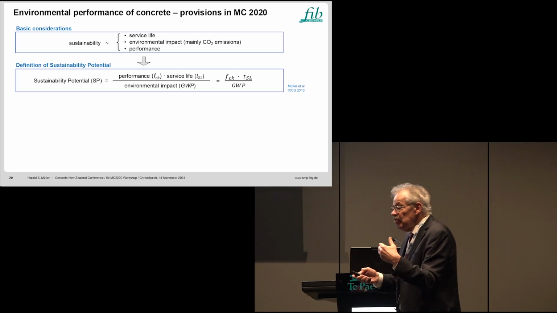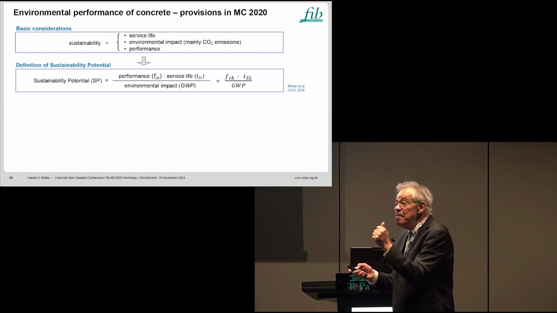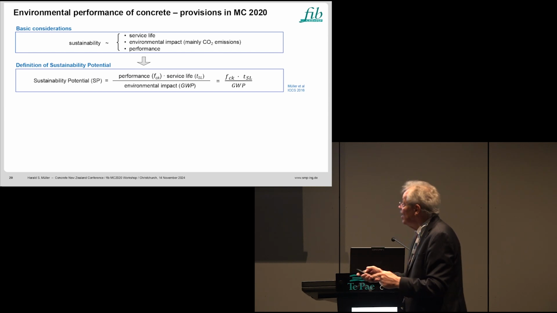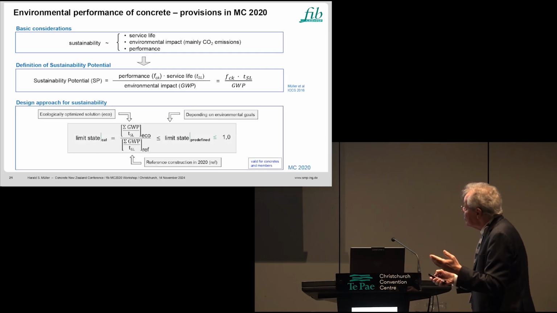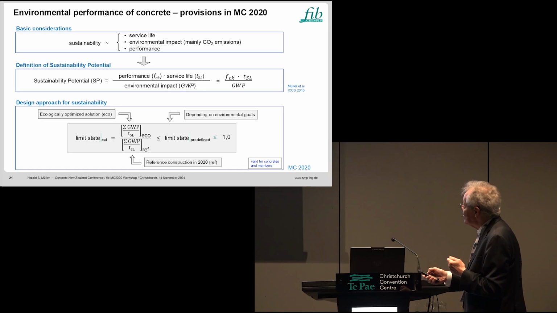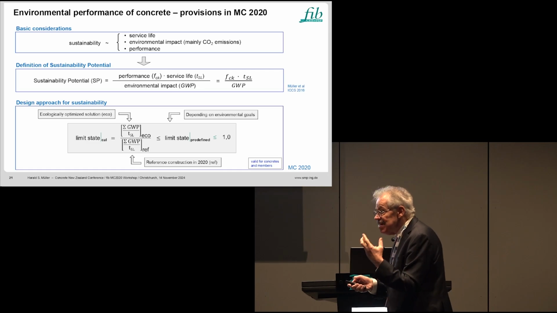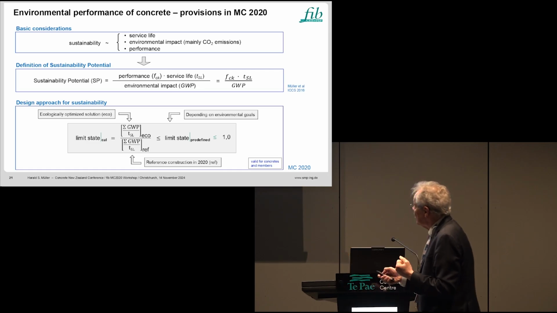And now we also try to develop from this a design equation, a basic frame for a design equation for materials and members. And this basic approach is shown in the chapter concretes of the new model code. We defined it using a limit state kind of approach.